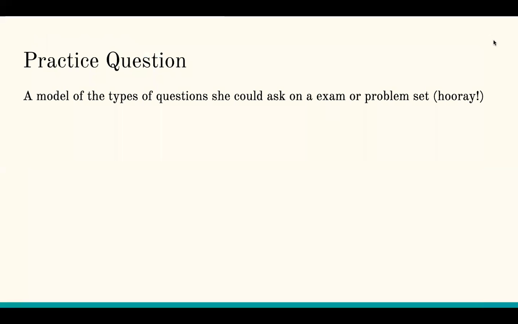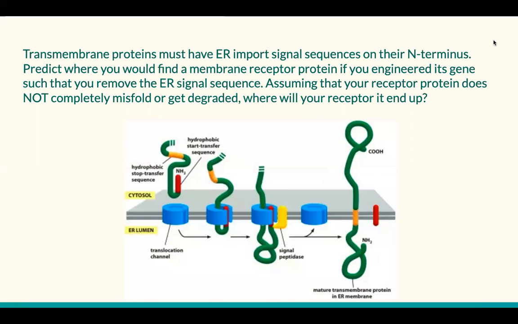Okay. So I put in here a practice question, which will represent the types of questions she could ask on an exam or problem set. So you guys can give this a try and see how it goes. Transmembrane proteins must have an ER import sequence, signal sequence on their N-terminus.